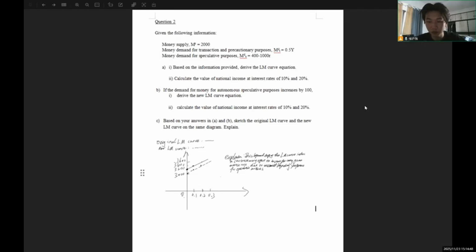This demonstrates how changes in liquidity preference directly affect the LM curve and the equilibrium income levels in the economy.